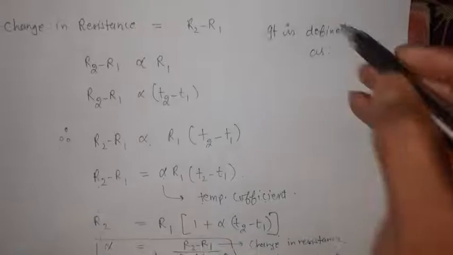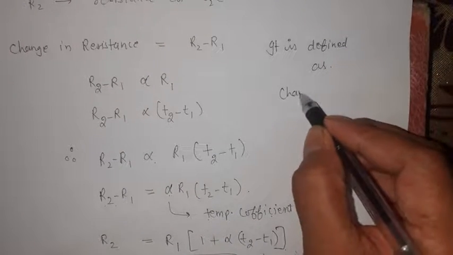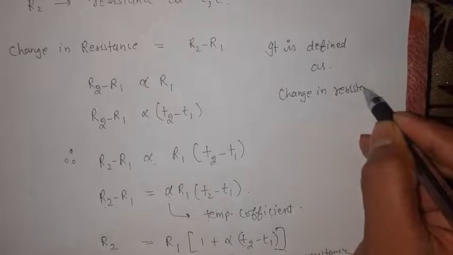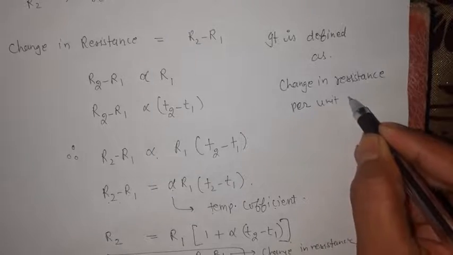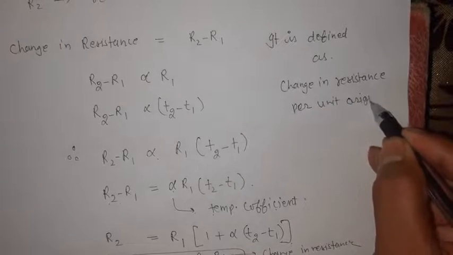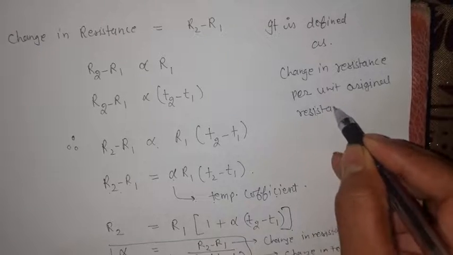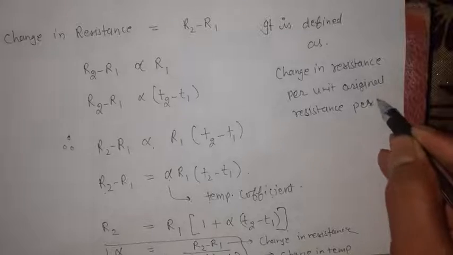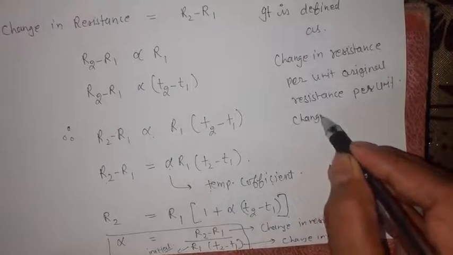So thus we are going to define this as the change in resistance per unit original or initial resistance per unit change in temperature.